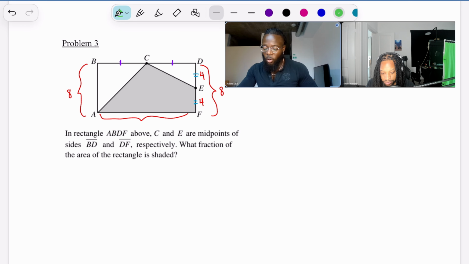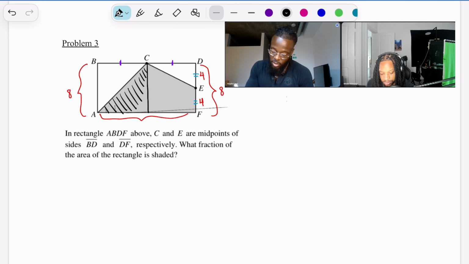So I'm going to sketch in a different color here. I know that if I break this up, since C is the midpoint of segment BD, if I break the rectangle up at C, that cuts it into two congruent rectangles, either side. So this right triangle here on the left that I'm shading in represents 1/4 of the entire rectangle because it's half of the left half.